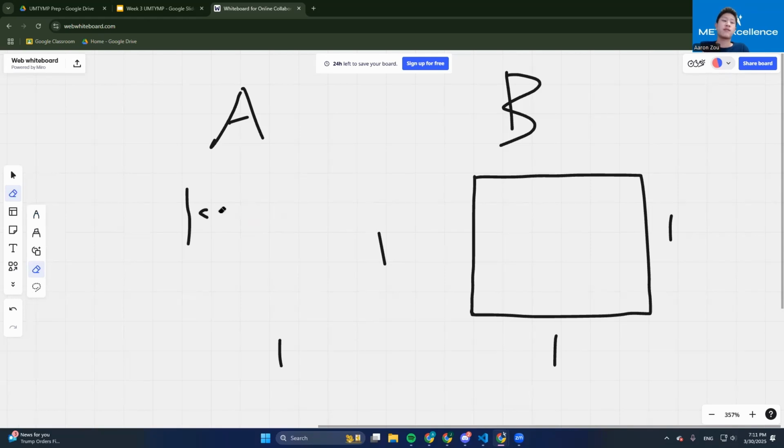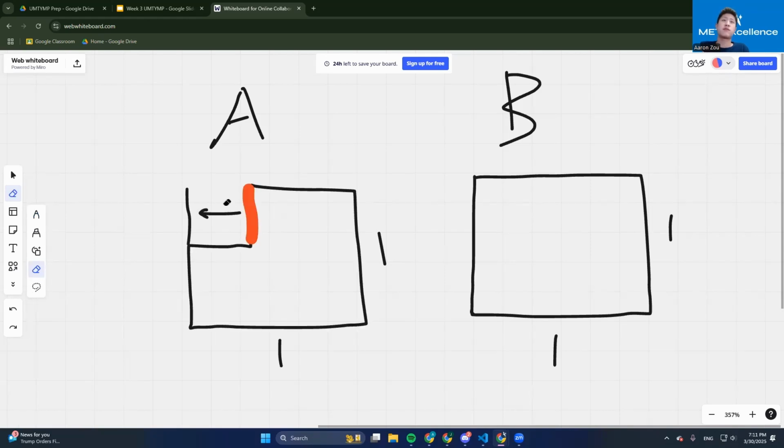So if I do that, let me try to find a tool to erase that over there. Is that possible? Can I erase that? Maybe I just have to draw. Well, maybe not.